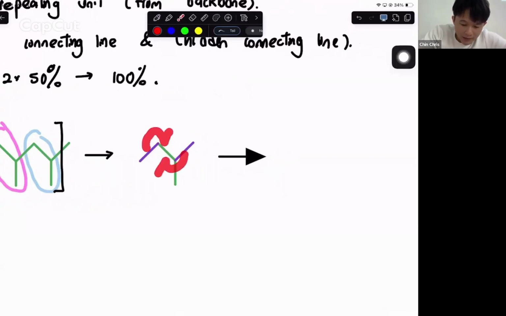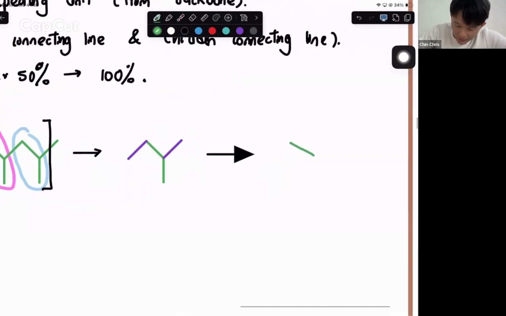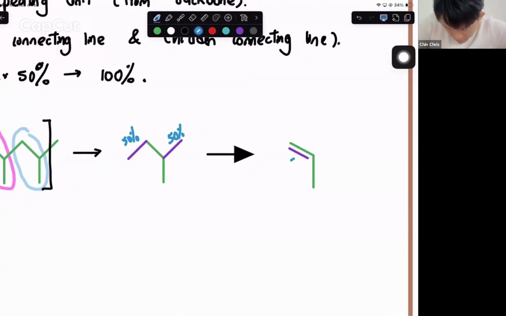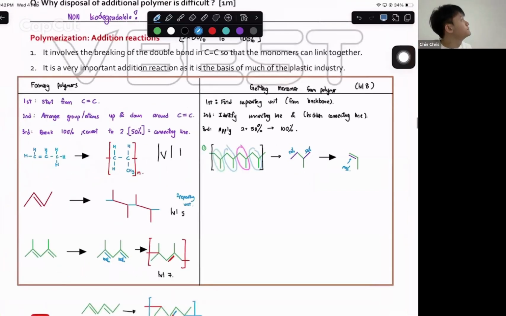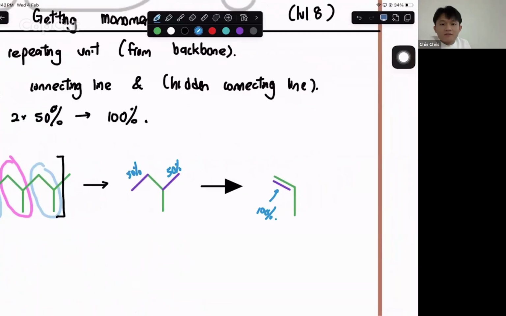It's going to be like that now. Double bond, 100%. So you see how 50% back, 50% back, then 100%. Clear? Know how to draw? Fun or not? Very sharp, right? If you get the answer, very proud one.